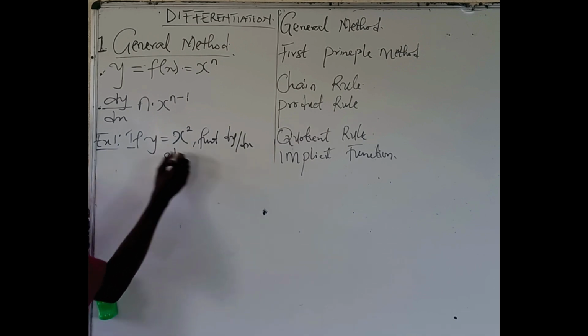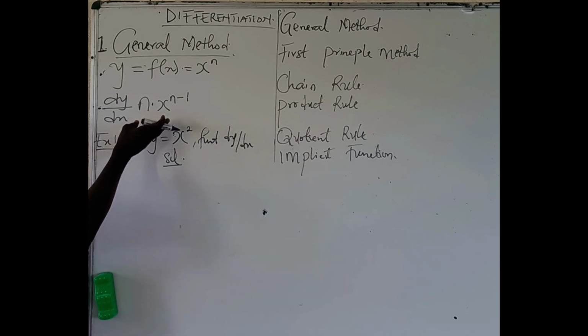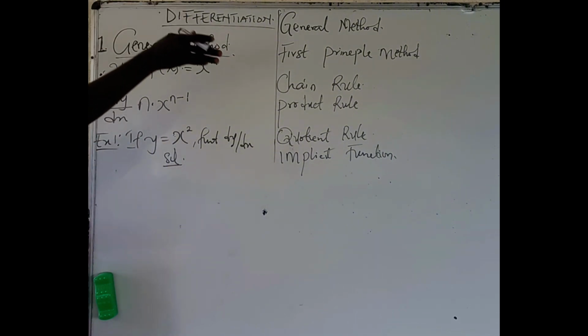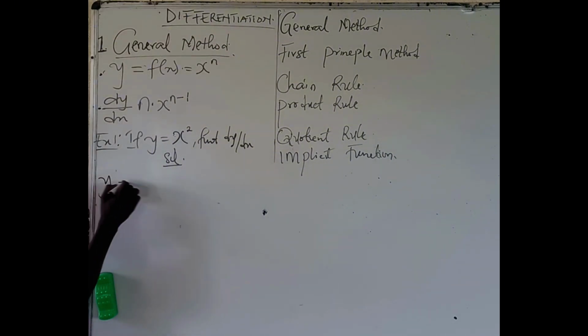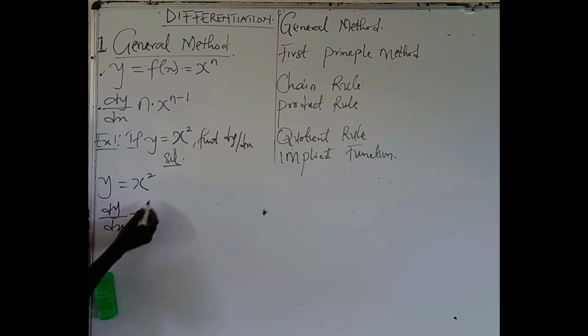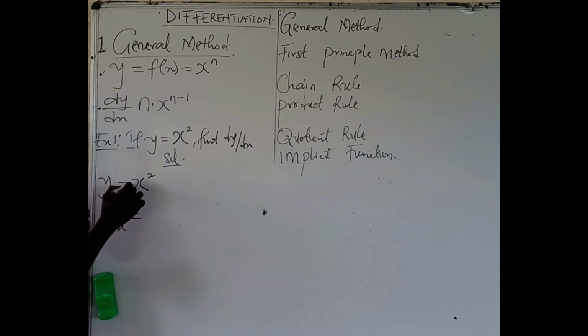So using general method, the idea is you multiply the power by the coefficient, subtract the power from 1. So y is equal to x raised to power 2. So dy over dx is equal to 2 multiplied by the coefficient, which is 1. I believe you know that.